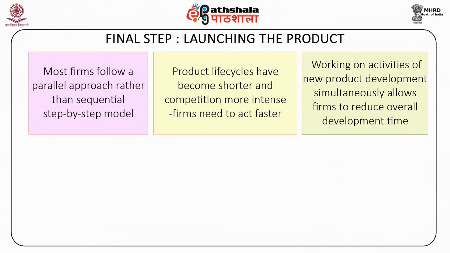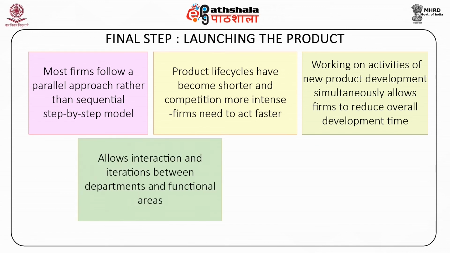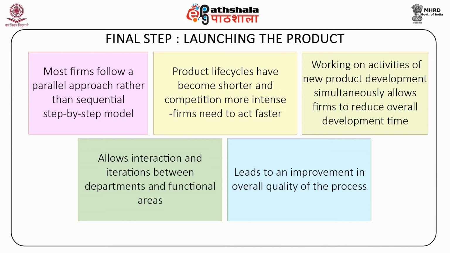Working on various activities of product development simultaneously allows firms to reduce overall development time. Another benefit of this is that it allows interaction and iteration between different departments and functional areas working on new product development together. This leads to an improvement in overall quality of the process.